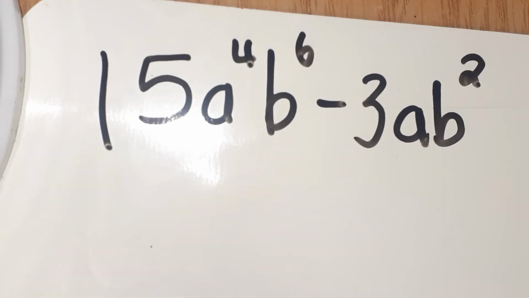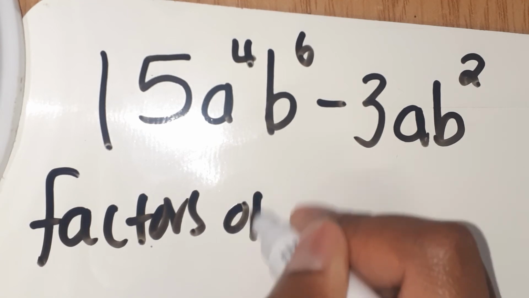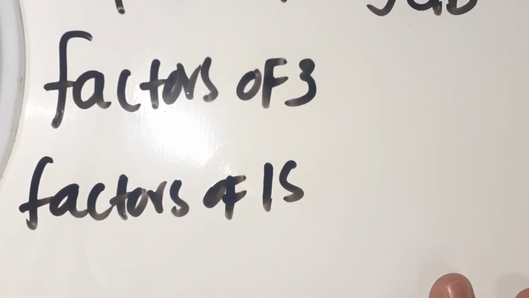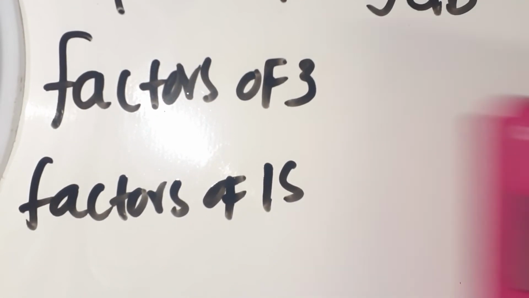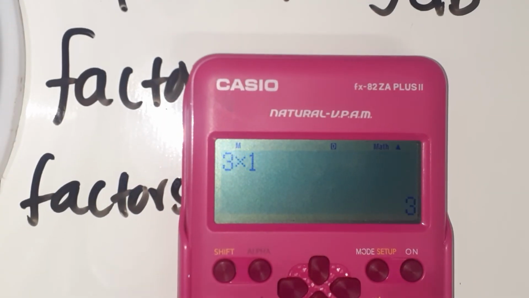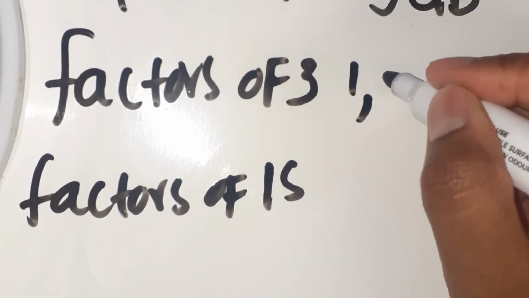All right, this is another sum that we can factorize. We're going to look for the factors of 3 and the factors of 15. Now, the factors of 3, when you say 3 times 1, that gives you 3. So the factors of 3 will be 3 and 1.